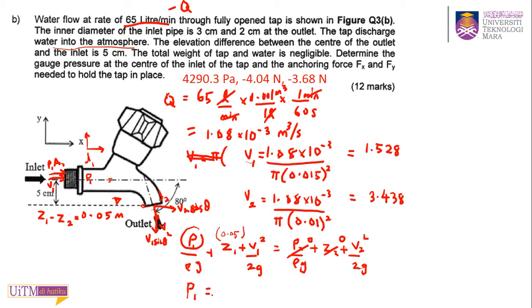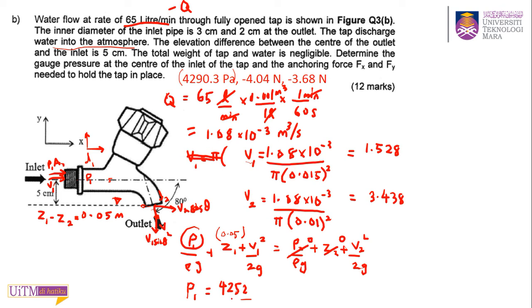Who got their answer? Is your P1 the same as this? P1 is 4290.3. Did you get it? I calculated 4252.03. I think it's just the decimal places, maybe the answer key took 1.53 and 3.43. It depends. So this is the right answer even though it's not the same as that one.